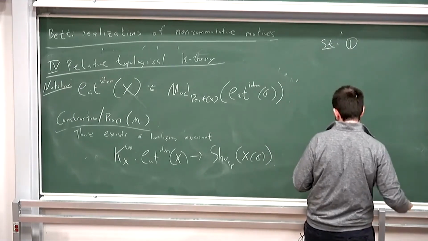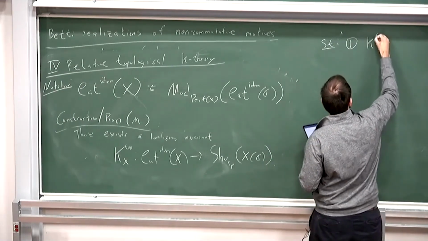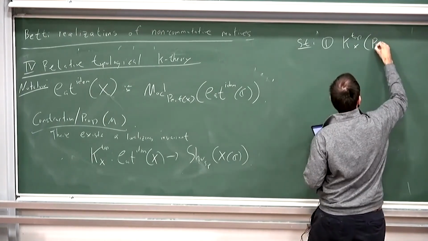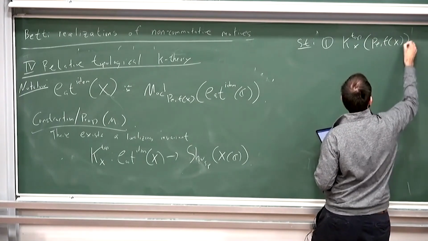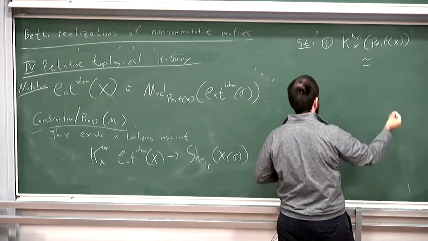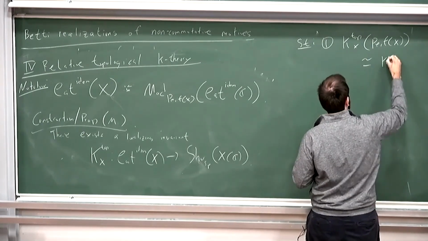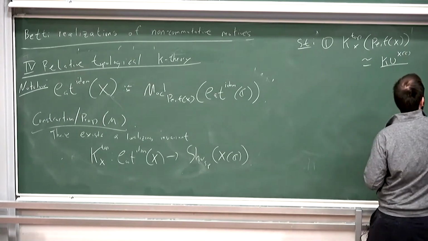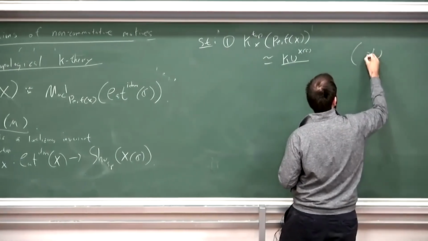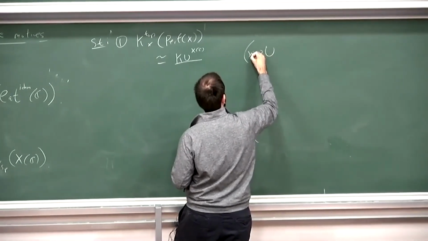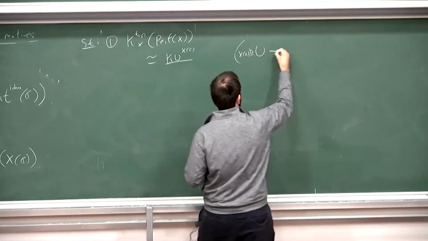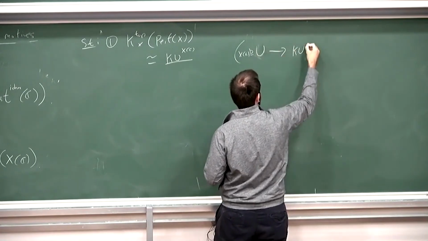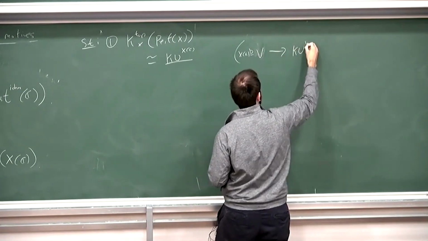So this is one: the topological K-theory of the unit, so of perf X in this case, is just this sheaf, which sends an open set V to KU cochains on V.